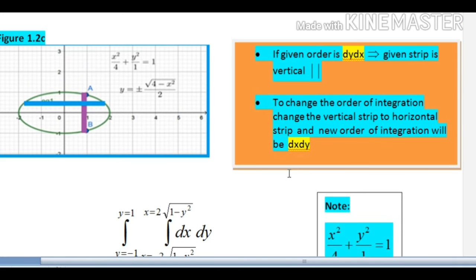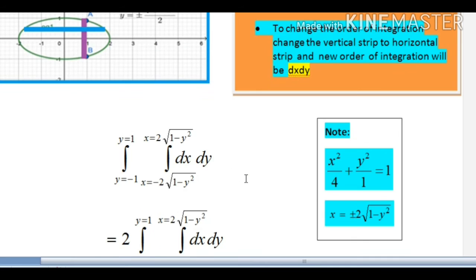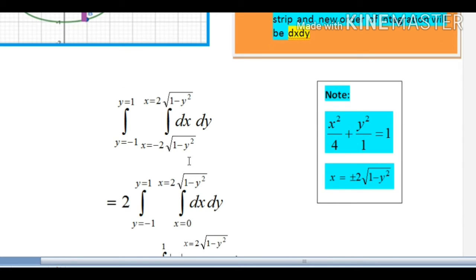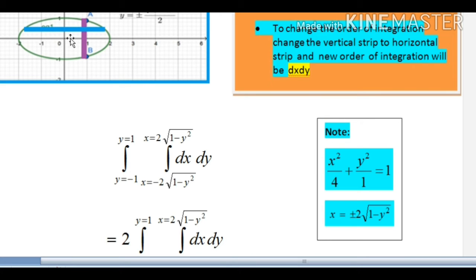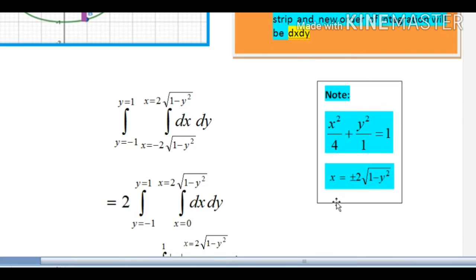Geometrically I can also explain: if you have to find the area of this whole ellipse, you find the area of this half part only and multiply by 2, then you will find the area of the whole ellipse. So limits from negative to positive correspond to the area of the whole ellipse, and if you take 2 times 0 to positive, you are finding the area of one part and multiplying by 2, so this will give you the area of the whole ellipse, right?